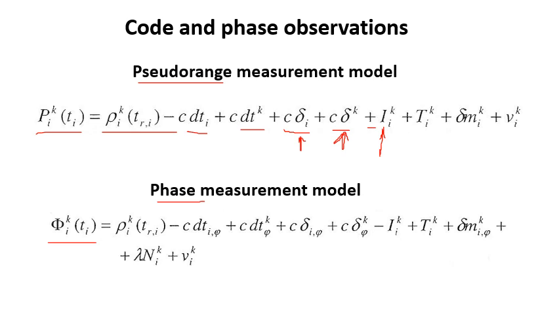The distances will be larger due to the ionosphere. That's why we call this error the ionospheric delay.